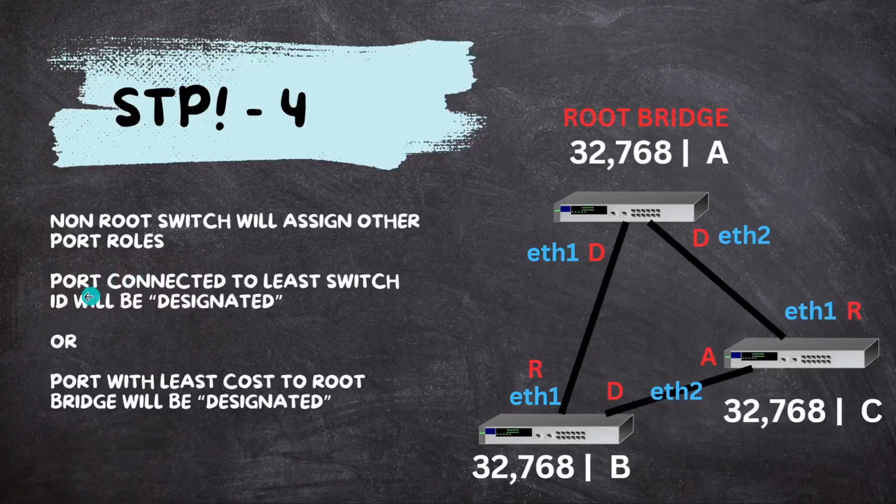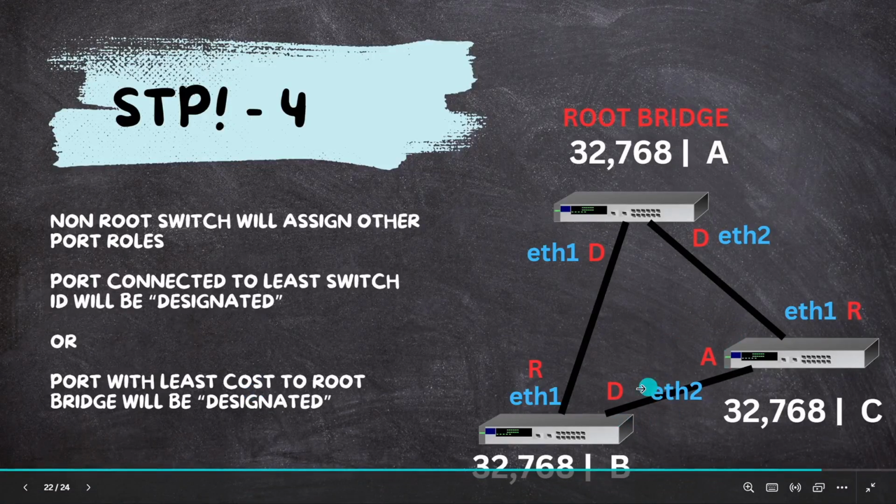For that, if a port is connected to the least switch ID, it will be selected as designated, or the port with the least cost to the root bridge will be designated, and all other ports are alternate.